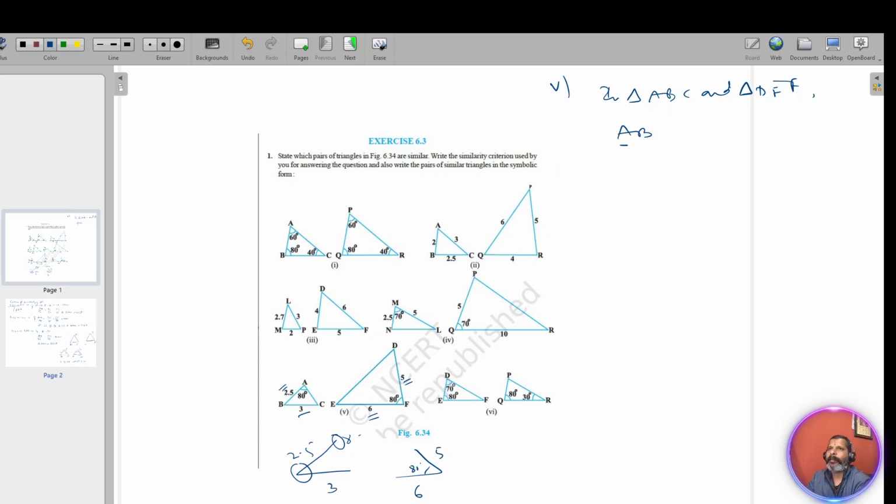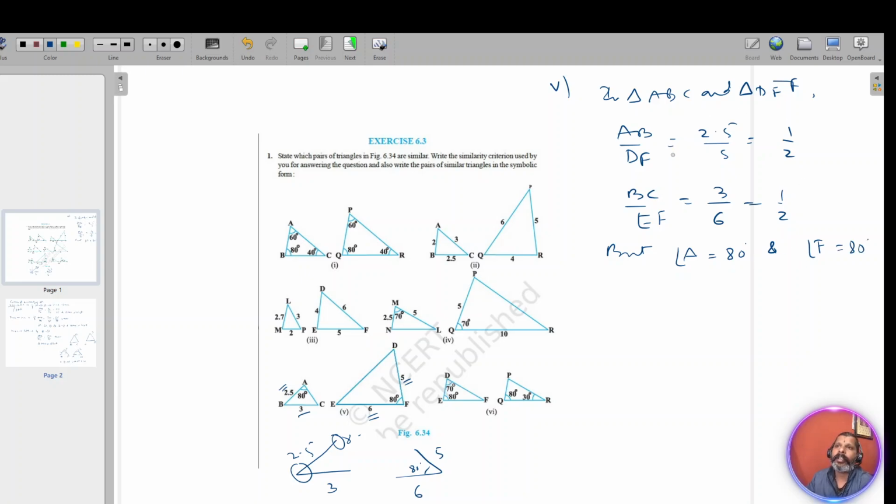So if I take AB by DF, what is AB by DF? 2.5 by 5, that is 1 by 2. Then what is the other side? BC by EF. What is BC? 3. EF is 6, that is 1 by 2. But A is 80 and F is 80. A and F are not included.